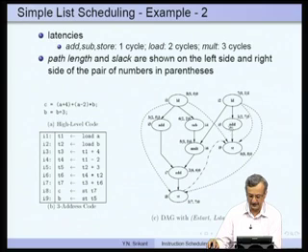Now, the predecessors are considered. This has many predecessors. So, add has exactly one successor. So, when we consider add, we get 8 minus 1, which is the delay of this, as 7 for L start. Whereas, for this node, this is the only successor.